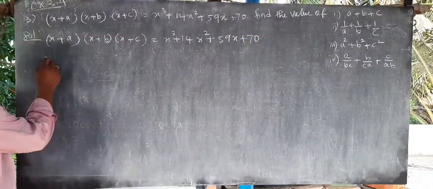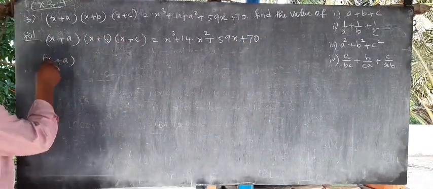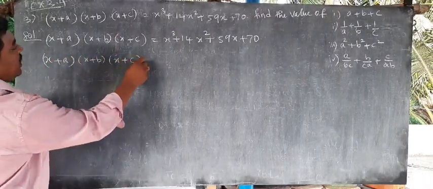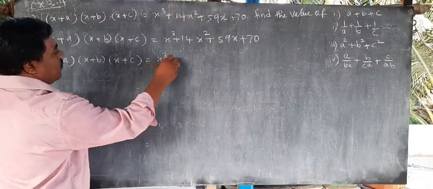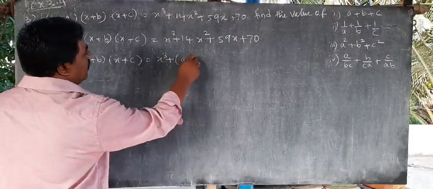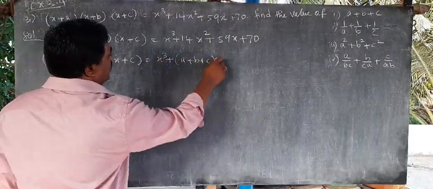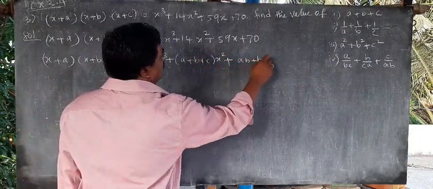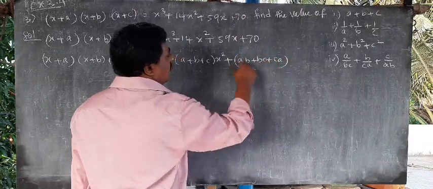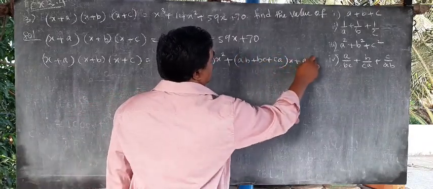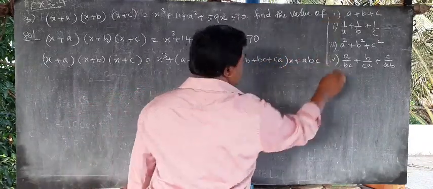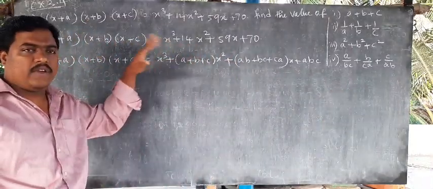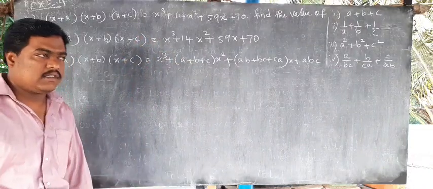So we have the formula: x plus A, x plus B, x plus C equals x cube plus (A plus B plus C) into x square plus (AB plus BC plus CA) x plus ABC. This is the original formula. Already we have the algebraic identities.